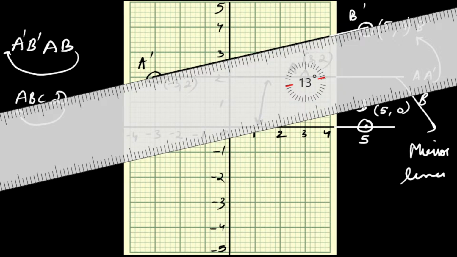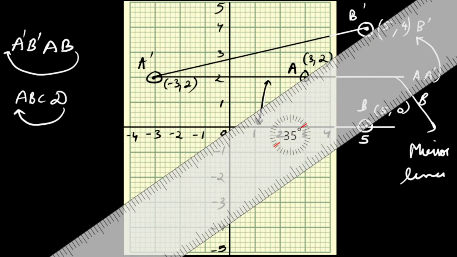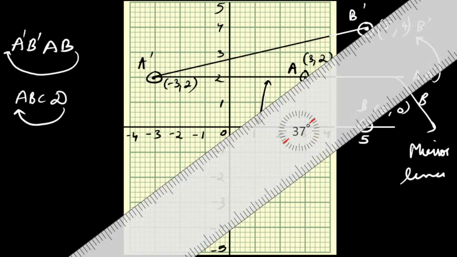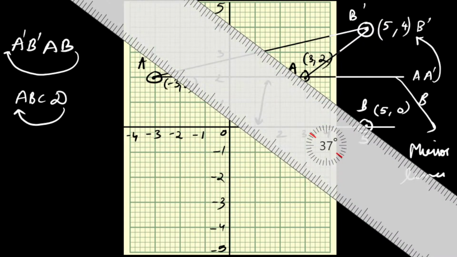Then B dash to A, B dash we have to join with A. Then A with B we have to join.